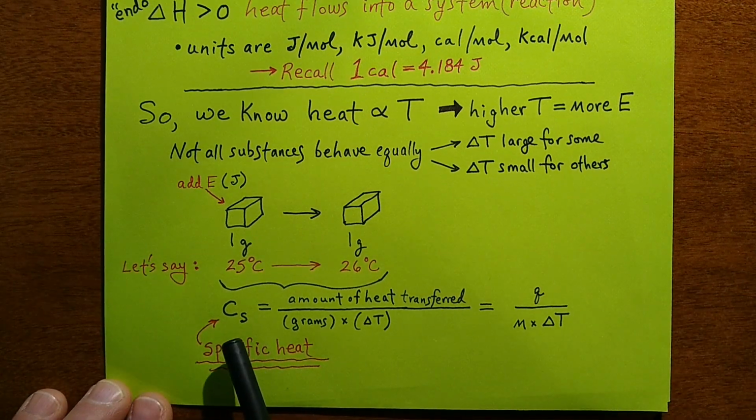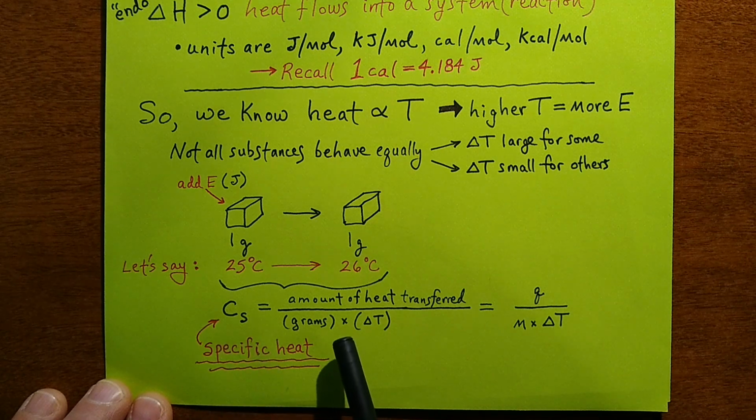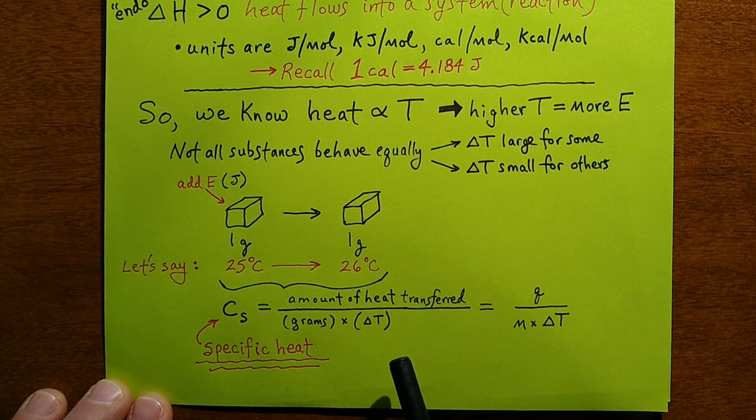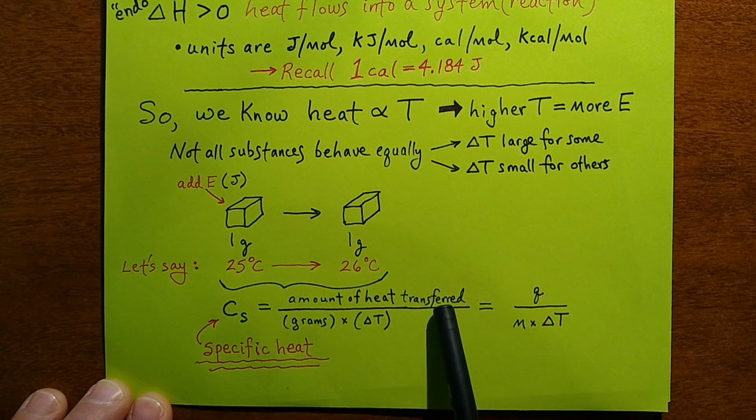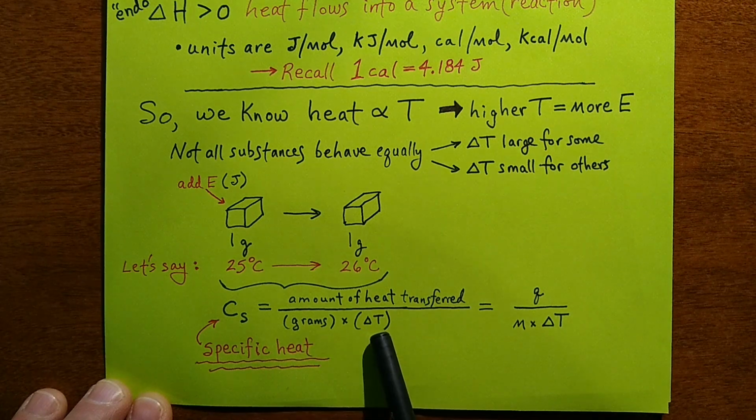Here's some notation that you need to use. It's lowercase c sub s. That's called specific heat. There's a term you're going to see that's a capital C. That's heat capacity. It's different. Lowercase c sub s is specific heat. It has units of joules per gram degrees C. So it's proportional to the amount of heat you give to an object per its mass and change in temperature.